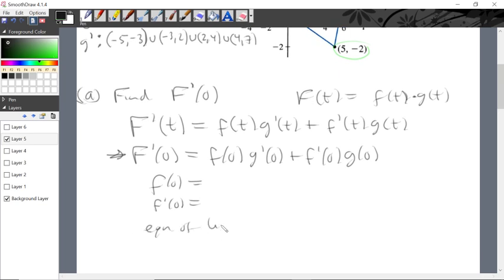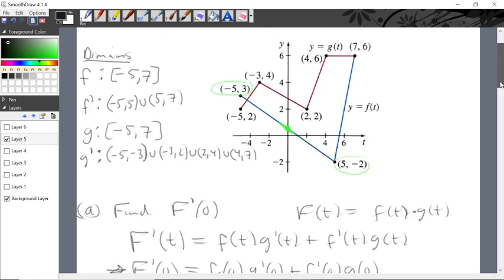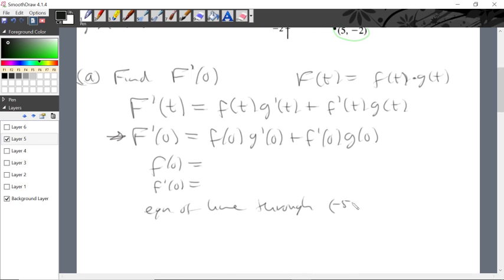Okay, the equation of the line that goes through the points -5, 3, and 5, -2. Find that equation. Let's find the slope of that line. So -2 minus 3, y2 minus y1 over x2 minus x1.